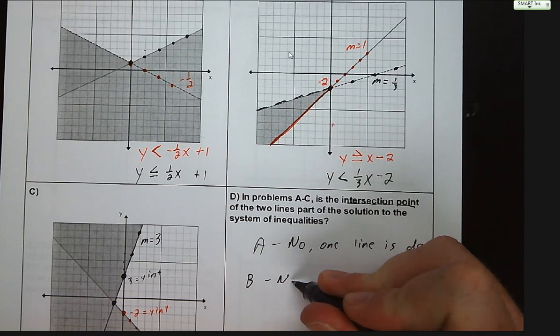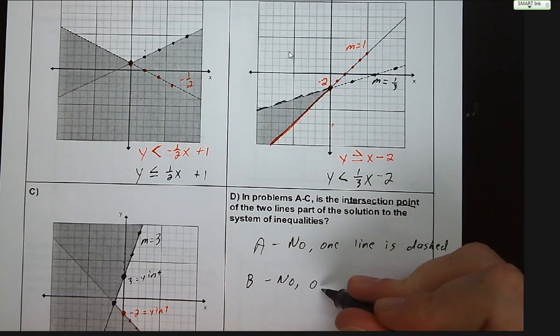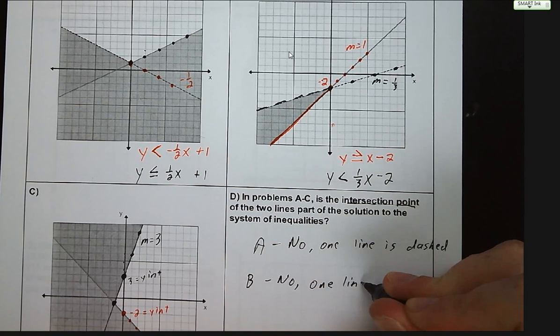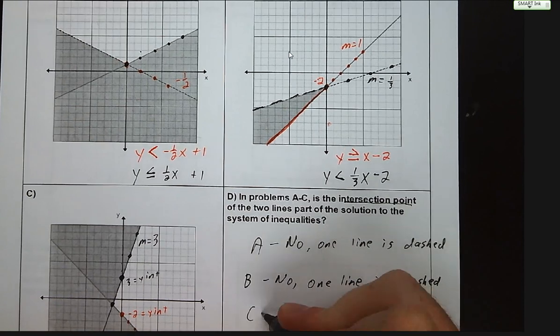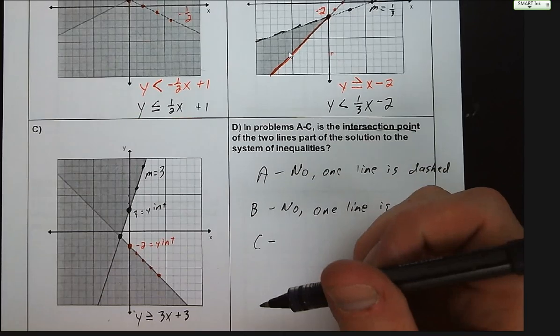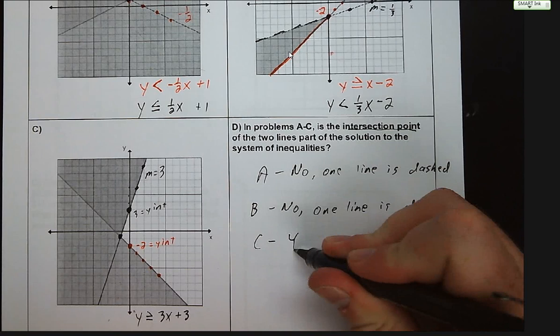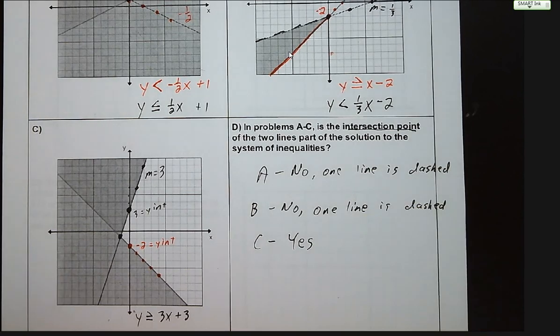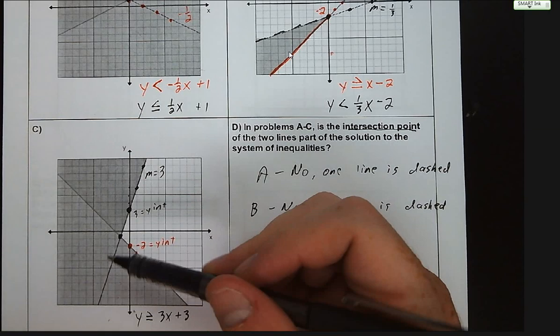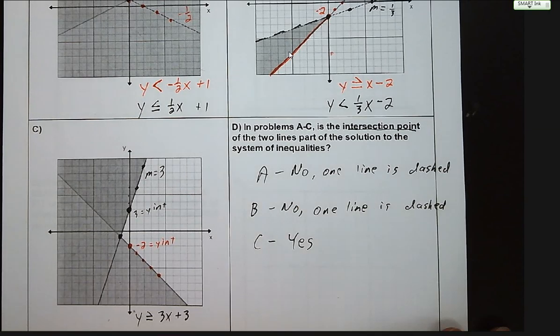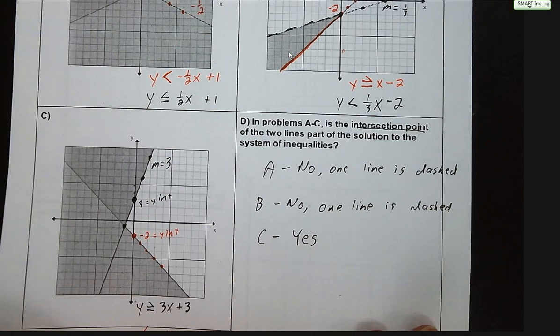So again, no, one line is dashed. How about letter C? Both of those lines are solid, so yes, any point on the line, including the intersection point, is going to be a solution to both equations.